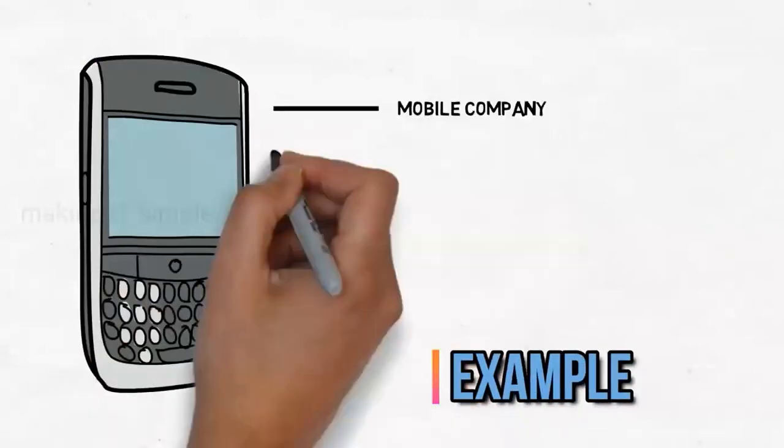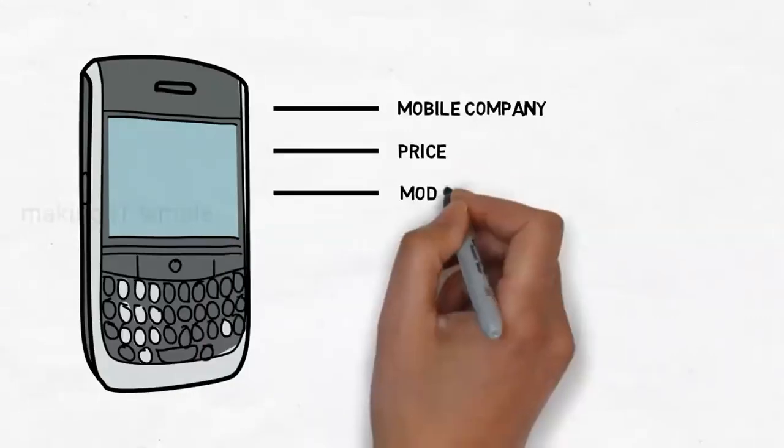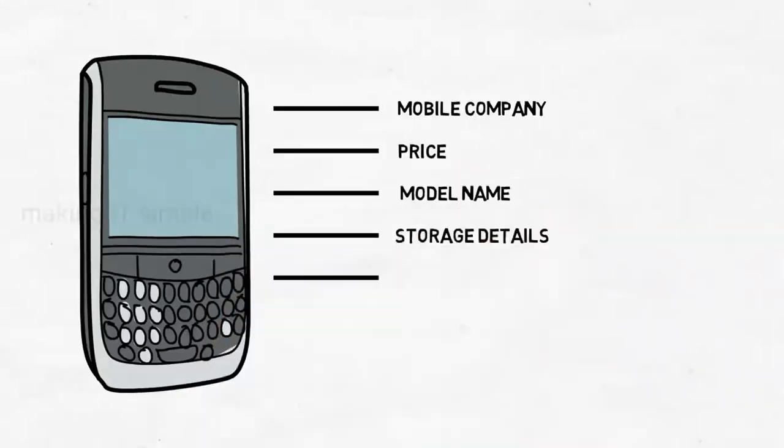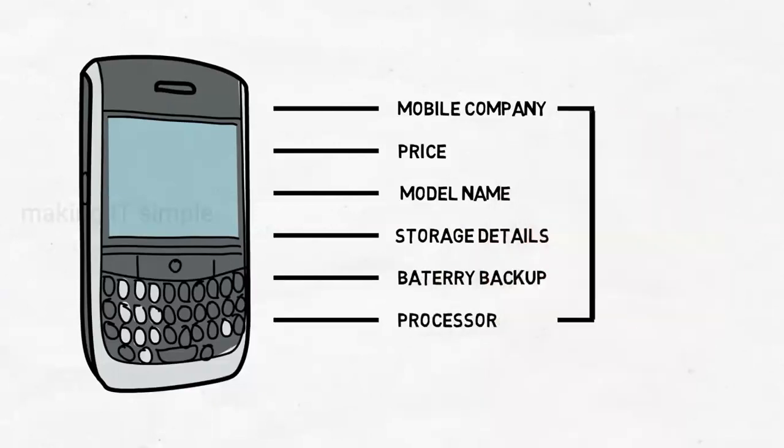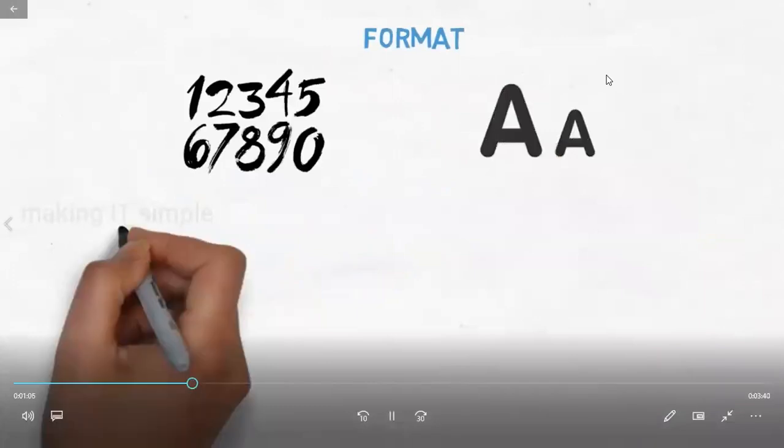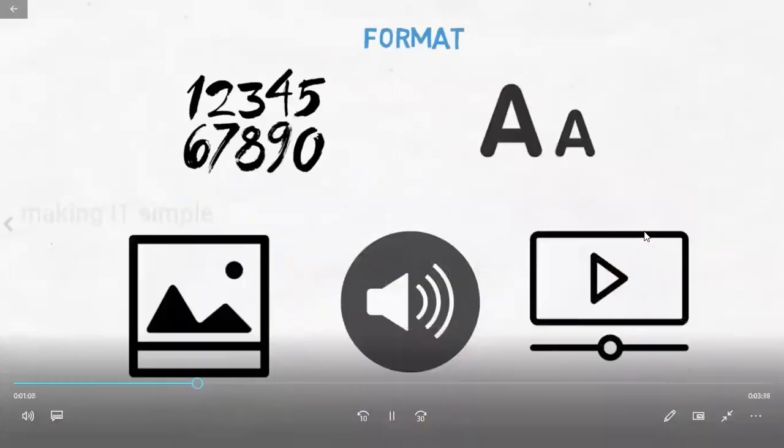So company who built the mobile, price of the mobile, mobile model name, information about storage, battery backup, processor, etc. So this all is the data about the mobile. Data can be in many formats, like numbers, texts, pictures, audio, video, etc.